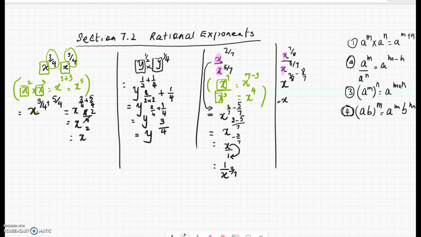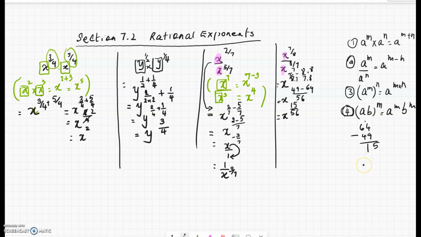And this is equal to, common denominator is 8 times 7, 7 times 8, 7 8s are 56, 7 7s are 49, minus 8 8s are 64. So that is 64 minus 49. Use your calculators, you don't have to do all this. So that is equal to x to the 15 over 56.